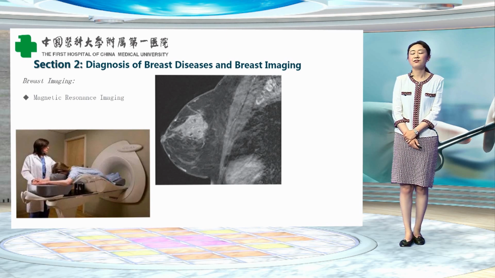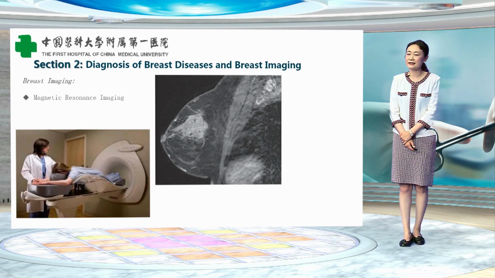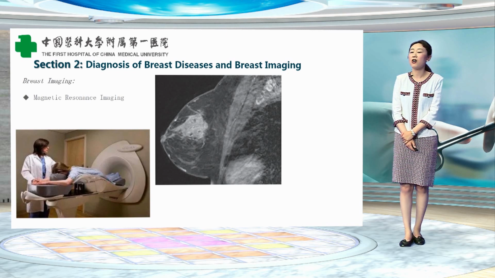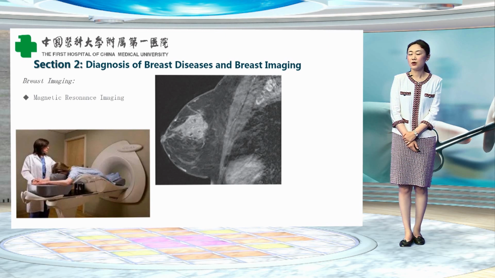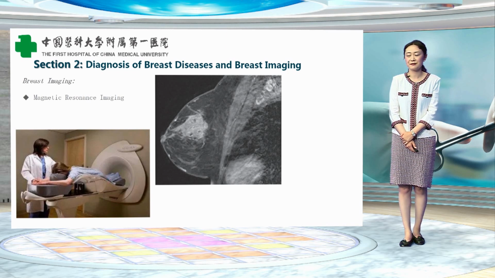The sensitivity of MRI for invasive cancer is higher than 90%, but is only 60% or less for DCIS. So mammography still plays the most important role in screening. The specificity of MRI is only moderate, with significant overlap in the appearance of benign and malignant lesions.